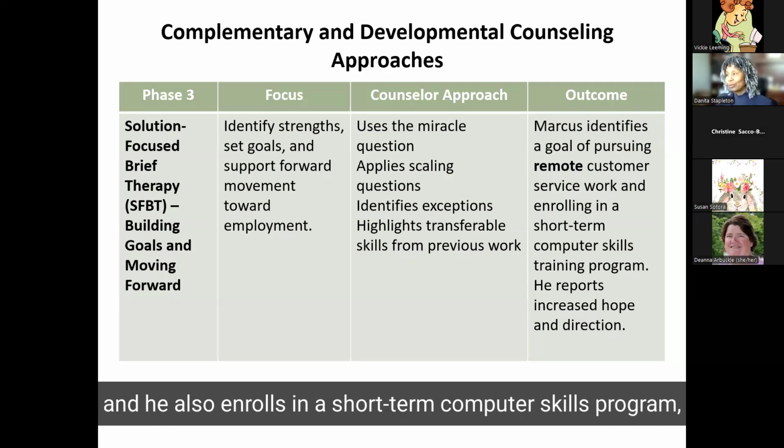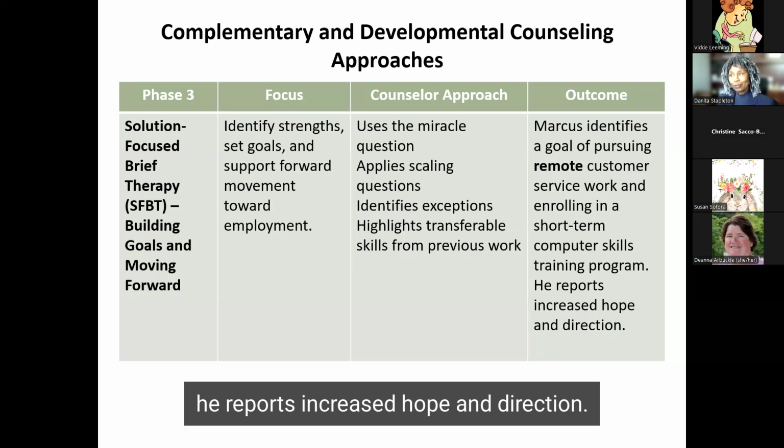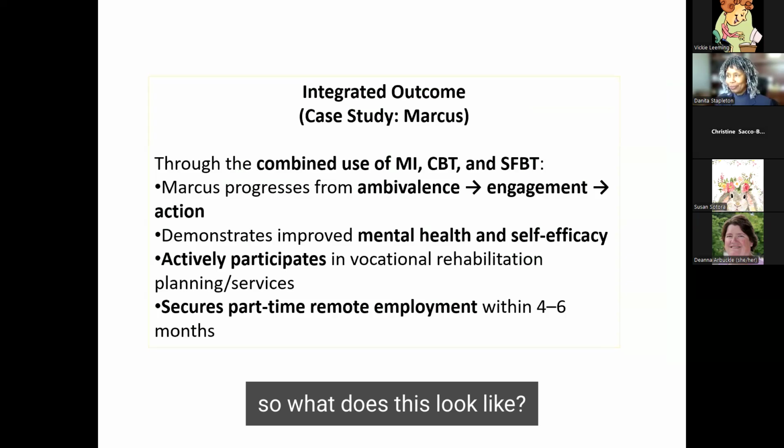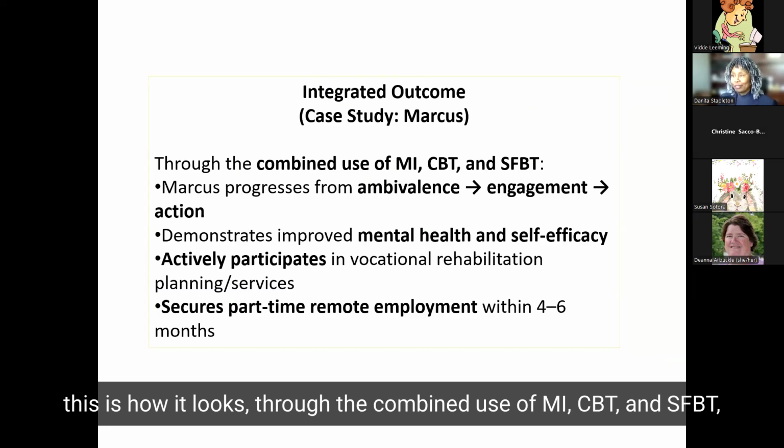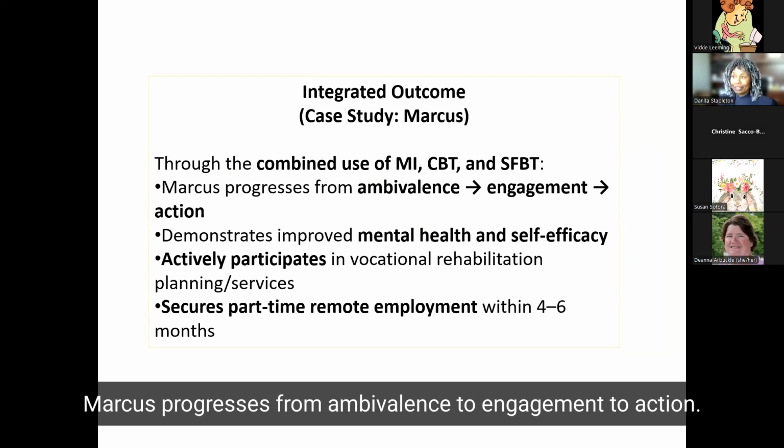And he also enrolls in a short-term computer skills program. He reports increased hope and direction. So what does this look like? Okay, an integration of these approaches, this is how it looks. Through the combined use of MI, CBT, and SFBT, Marcus progresses from ambivalence to engagement to action.